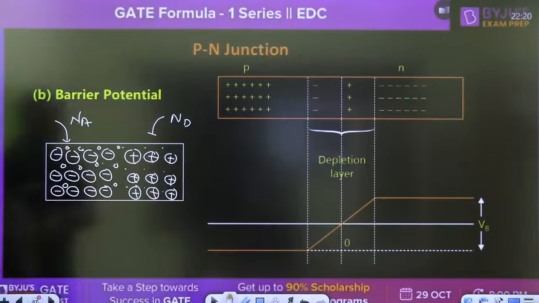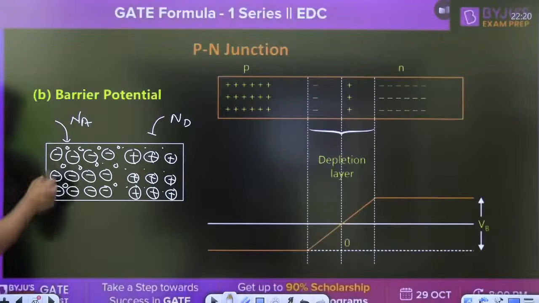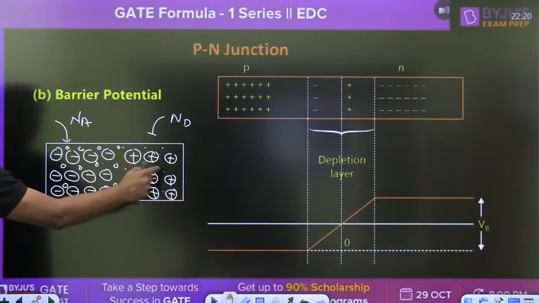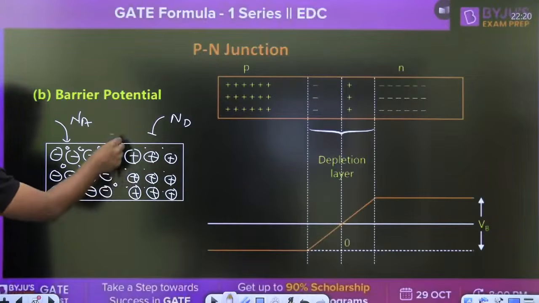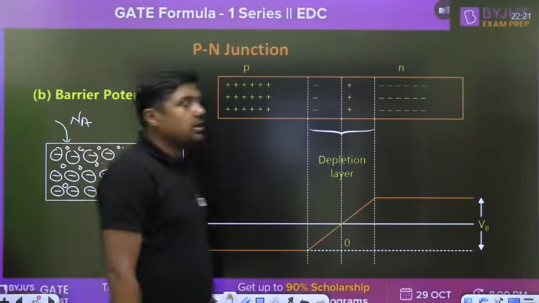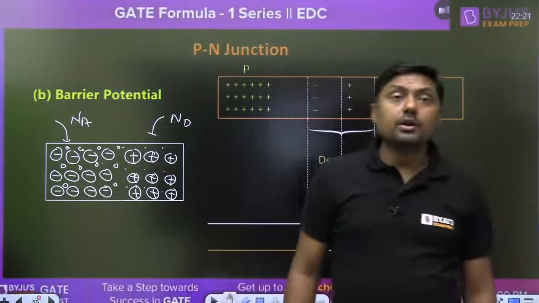Right? So this is the case. This is the Na, that is P type, and this is Nd type. The concentration of hole in this region is very, very high. The concentration of electron in this region is very, very high. There is a metallurgical boundary between P and N type. There is no physical boundary. There is a metallurgical boundary.